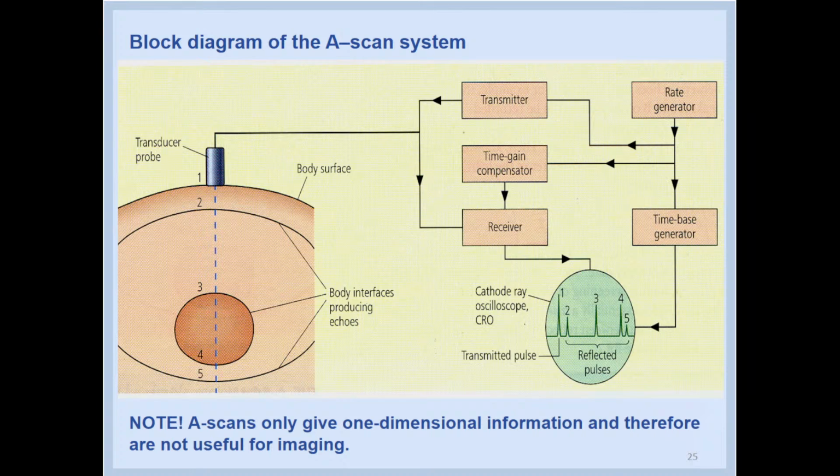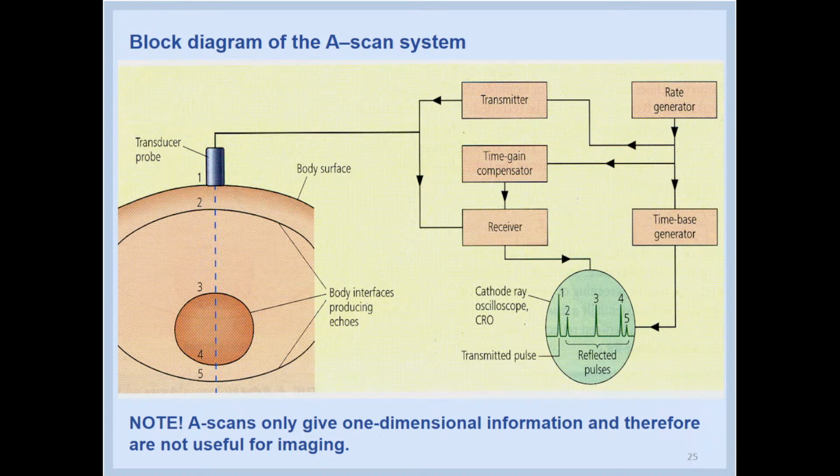A vertical line thus appears on the screen each time an echo returns to the probe. The position of these lines on the screen, these 1, 2, 3, 4, 5, correspond to the positions of the associated reflecting surfaces in the body.